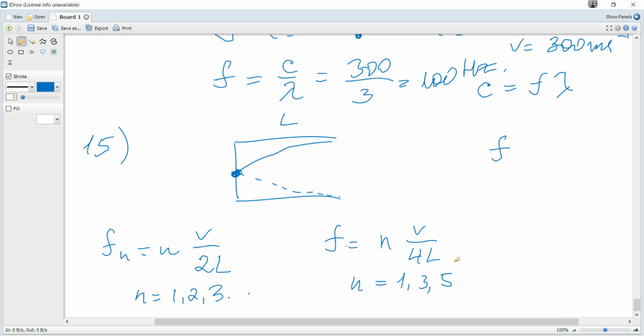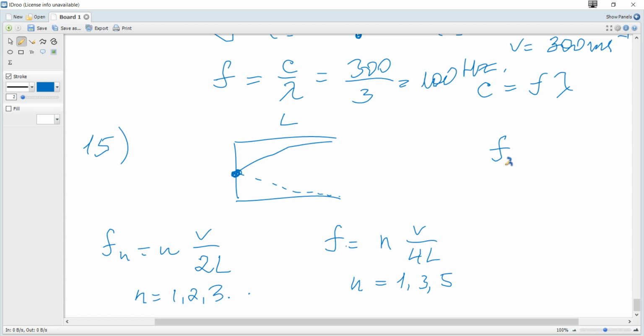And notice that the third harmonic is not the third possible frequency. It's not 4, it's 5. By definition, the number of a harmonic is the ratio of a given frequency to the fundamental, the first frequency.